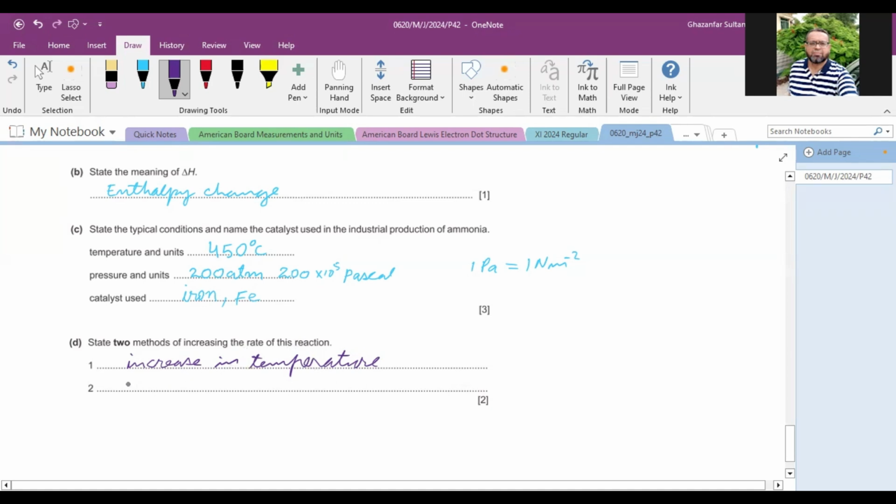Another way to increase the rate of reaction is increase in pressure. How does it work? When we increase the pressure, volume decreases and molecules come close to each other. So there would be more chances of collision. So on increasing the pressure, there would be an increase in the rate of reaction.